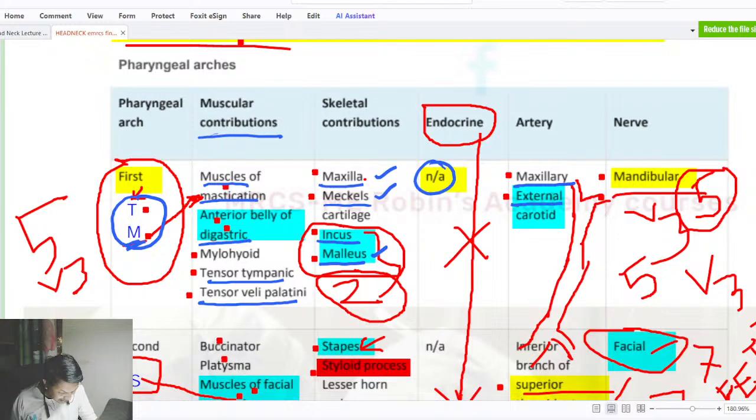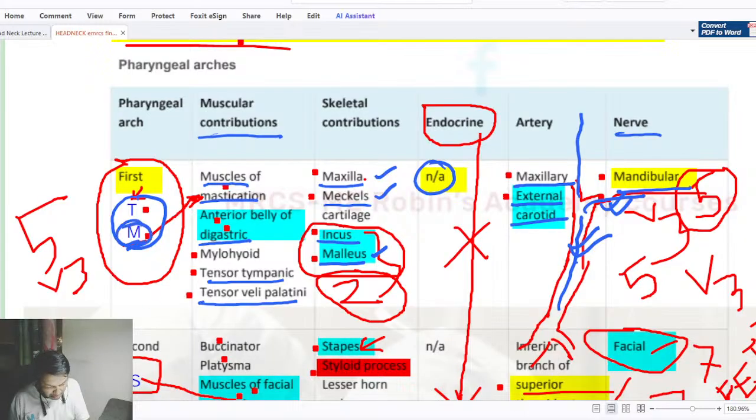So the external carotid and maxillary are the two coming here. And the nerve is the mandibular nerve, because it is M. The mandibular nerve is V3.